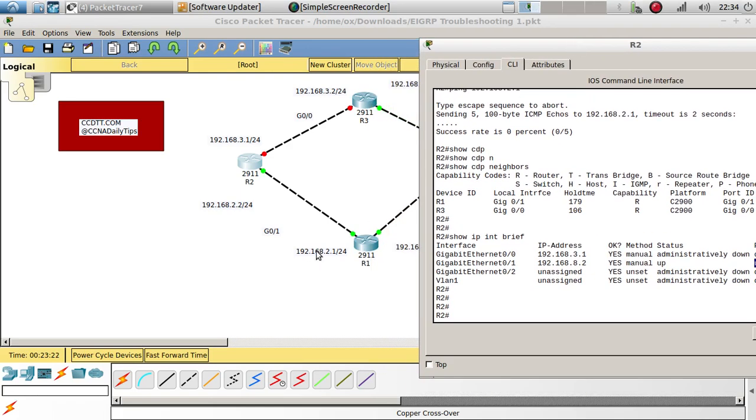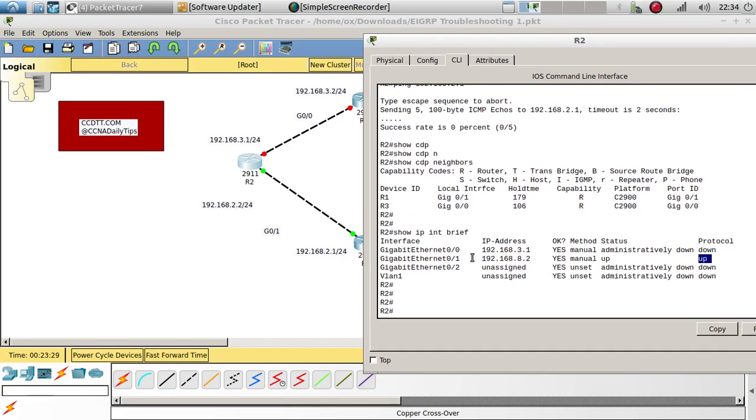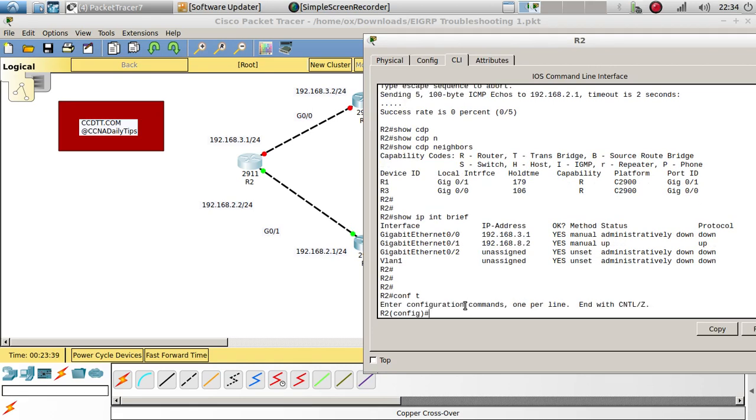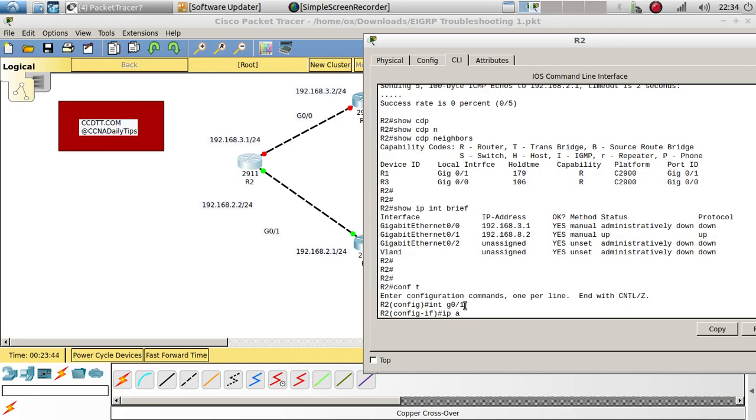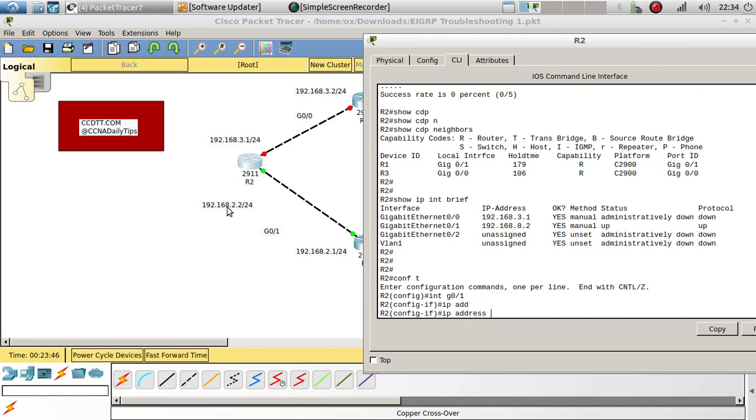This one is 192.168.2.1. This one is 192.168.2.2. Let's verify that. Okay, so you can see right here that the interface for gigabit 0/1, the IP address is incorrect. So let's go ahead and fix that. Config T, interface gigabit 0/1, IP address supposed to be this one over here, 192.168.2.2.